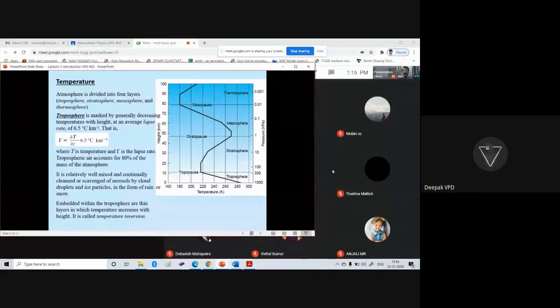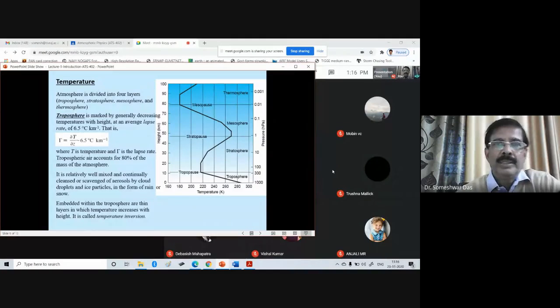Very good. So 00 UTC means 5:30 in the morning in India, and 12 UTC means 5:30 in the afternoon in India. So we collect the vertical profiles of the atmosphere twice a day, one in the morning at 00 GMT and one in the afternoon at 12 GMT.